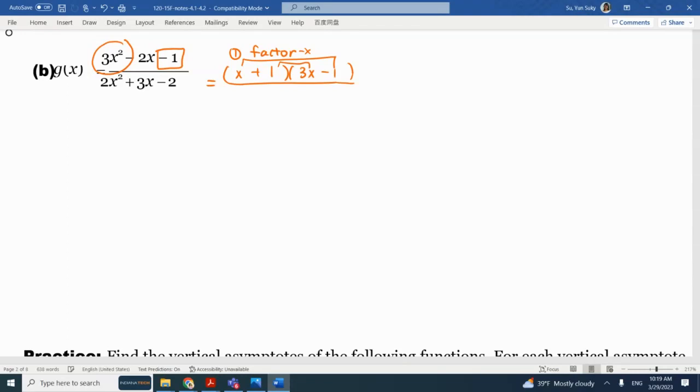Multiply the inside, we get 3x. 3x minus x is 2x. But we have negative 2x, which is not right. So that means we need to change the sign, right? So we change the sign. Then this is negative and this is positive. Now do you see? We multiply the outside, we get what?